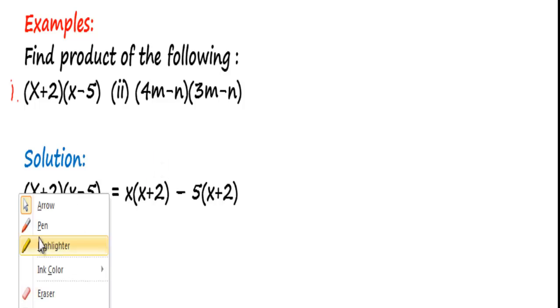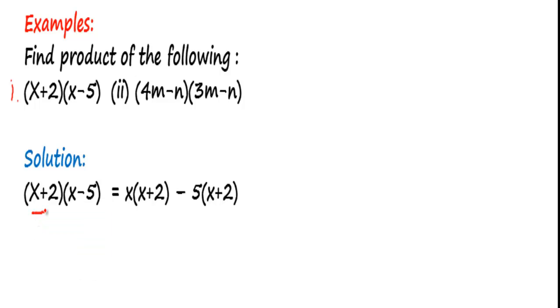You pick one. If you are choosing this bracket, are you following me? That means you are going to take this x, and you are going to write everything that is in this bracket: x minus 5. Are you seeing it now?